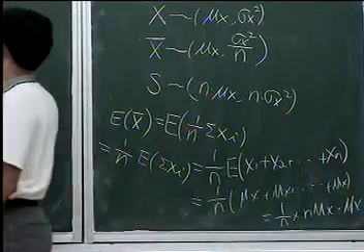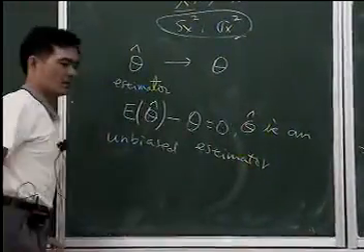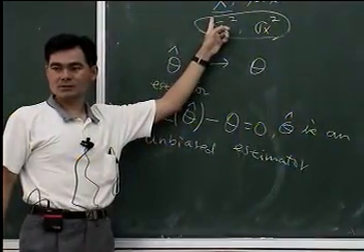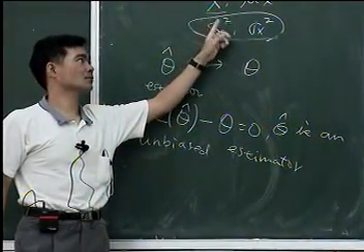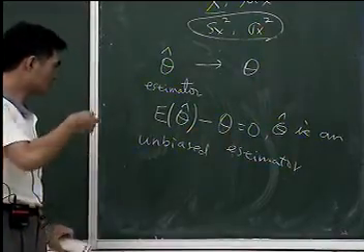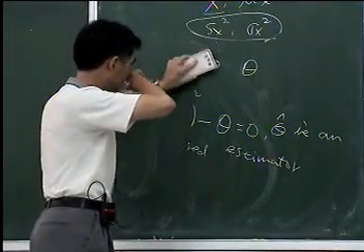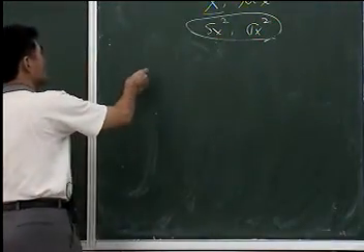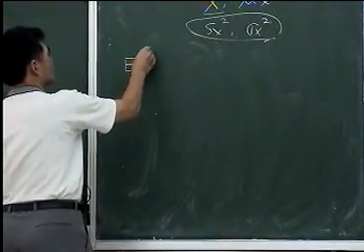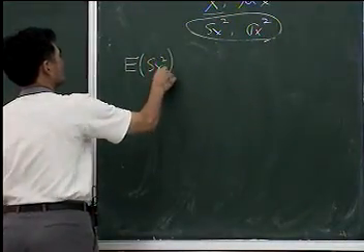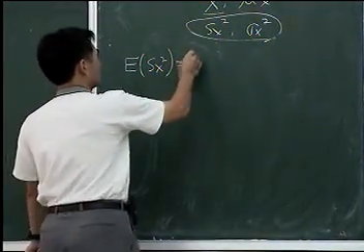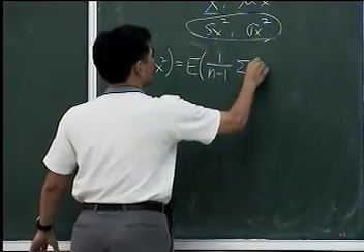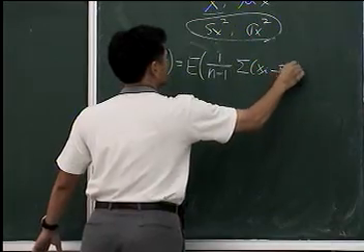What about this? The reason we use Sx squared, of course, is the same thing, because it is an unbiased estimator for this. So now let us try it. We have expectation of Sx squared equal to what? The expectation of 1 over n minus 1 times the summation of xi minus x bar squared.